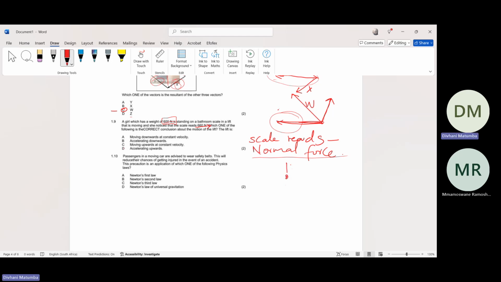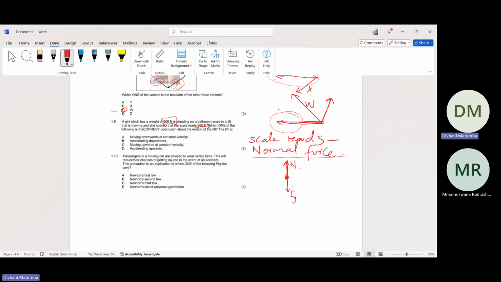Let me draw a free body diagram. Let me give two scenarios. You are saying the acceleration is downwards. We have two forces: the force of gravity and the normal force.